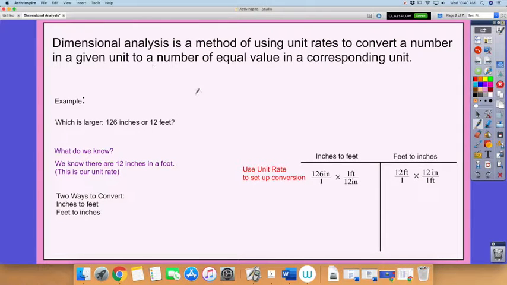So dimensional analysis is a method of using unit rates to convert a number in a given unit to a number of an equal value in a corresponding unit. We've been using this term unit rate a lot already. A unit rate, if you think back to ratios, is when we have some quantity out of 1 unit.